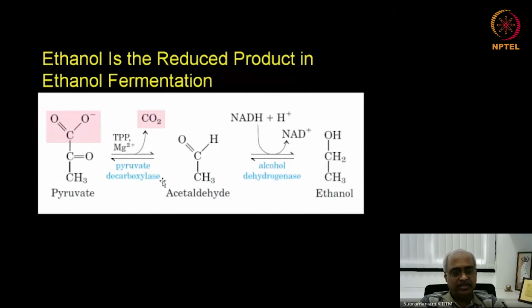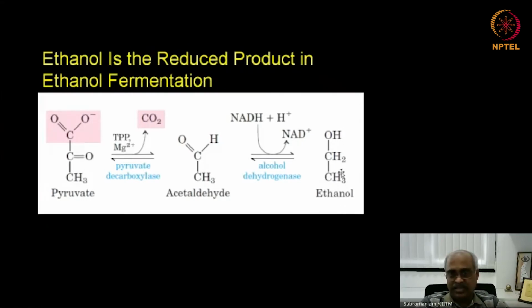This pyruvate decarboxylase will remove carbon dioxide from pyruvate and produce acetaldehyde, which in the presence of alcohol dehydrogenase, remember this enzyme we have encountered as an example of competitive inhibition while studying enzyme inhibitions, just like with lactic acid, here again the same: the NADH is oxidized, and that is used to reduce acetaldehyde to ethanol.